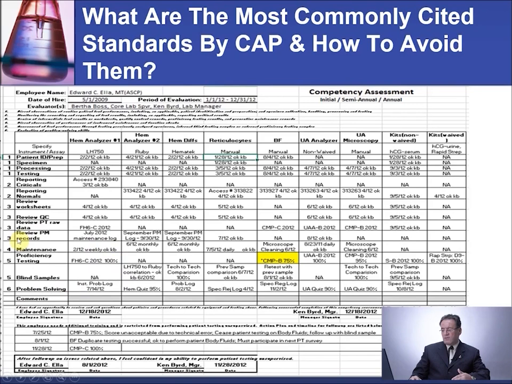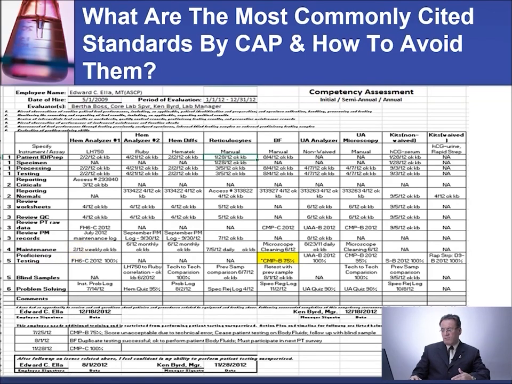So for review of PM record, this is maintenance. You need to look at the maintenance form and see when they did the maintenance and write the date that they did it, whether it's daily, weekly, monthly, or as needed. And for number 4 here, maintenance, this is observation. You need to observe them doing the maintenance on that particular test system.